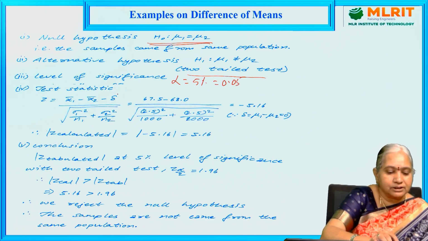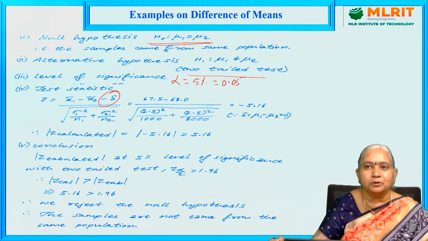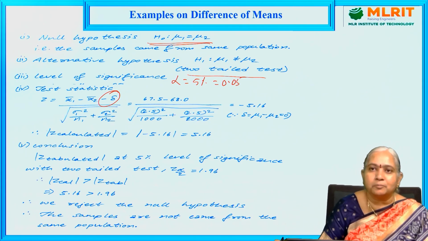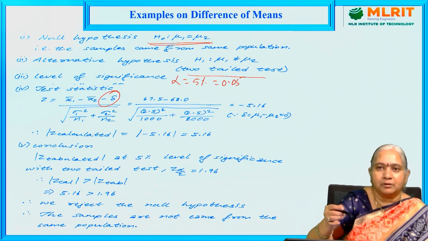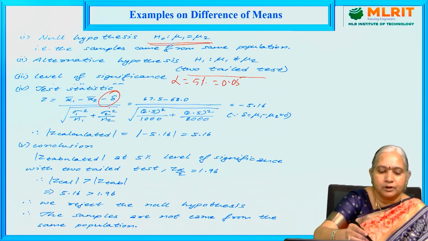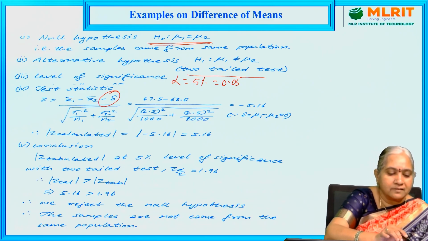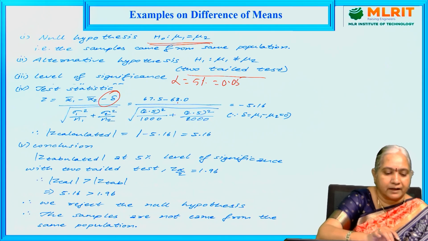The test statistic is Z equal to x1 bar minus x2 bar minus delta. Here we have claimed that mu1 equal to mu2, so the difference of the two population means is 0. That means the means of the populations are equal, so delta is 0. So 67.5 is the mean of the first sample and the mean of the second sample is 68.